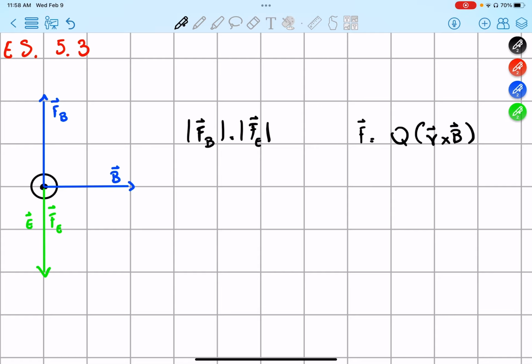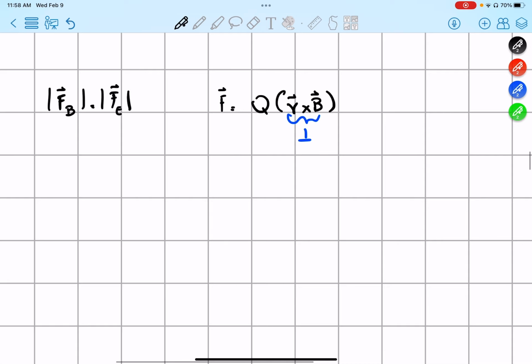Now we know that these two are perpendicular to each other. Therefore, the cross product will be the exact same thing as V times B, because they are perpendicular to each other. Now, this is actually not the dot product. Let me just make it clear. It's just the product of the scalars. So I'm just going to write it like this, because we're trying to find the magnitude of this magnetic force.